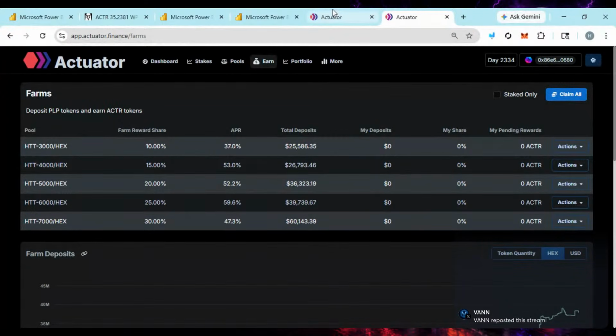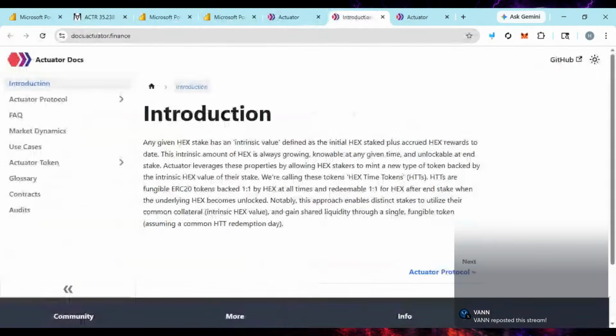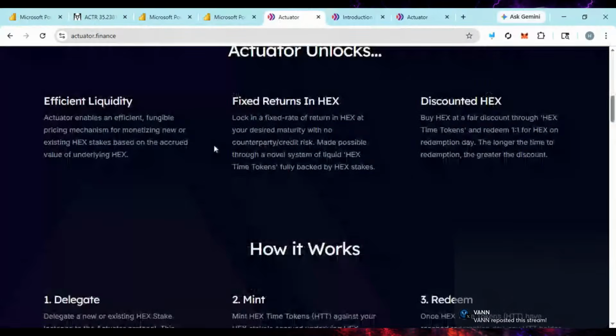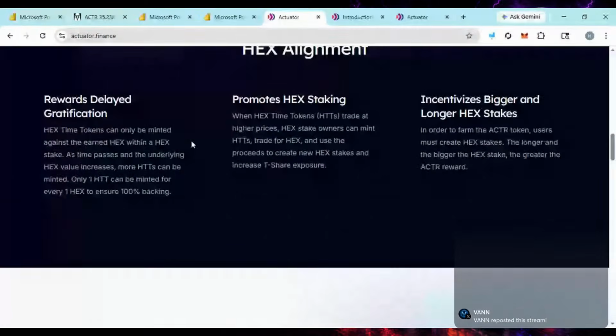But if somebody wanted to really go look at this and get more information, you can go to Actuator.Finance. They have a whole collection of documents out there, specs, explaining how the system works, etc. You can also come here and find lots of documents and streams and data about how this all works.